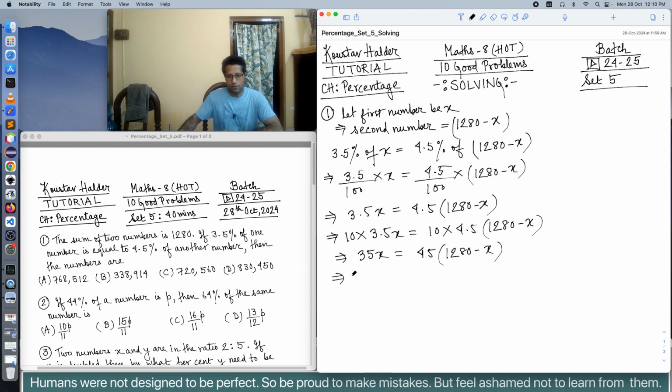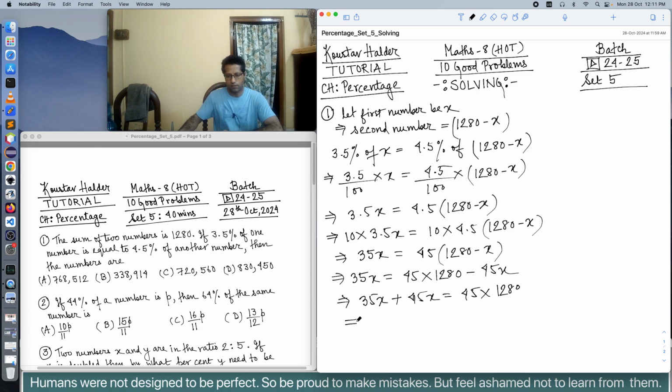This implies we have 35x is equal to, now I will not actually find the value of 45 multiplied by 1280, because I will leave it like this. It will help me in the following steps. So if I bring all the x terms to the left hand side, I get 35x plus 45x is equal to 45 multiplied by 1280.